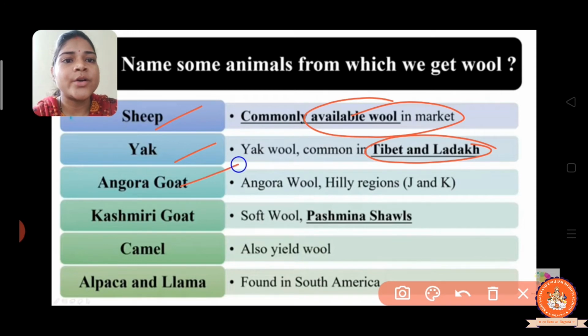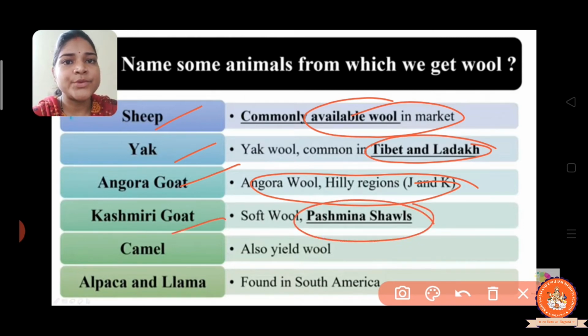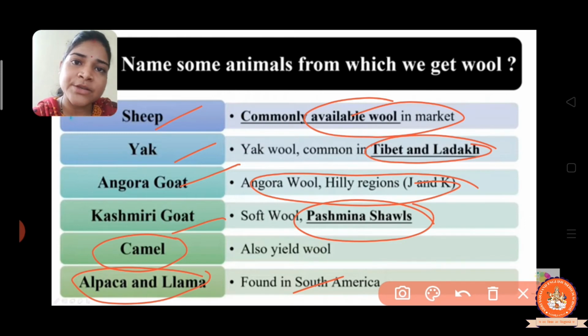Then the Angora goat is found in hilly regions, and the Kashmiri goat is used to make the Pashmina shawl. Then from the camel family we also get wool, that is alpaca and llama, found in South America. So remember this table, it is very important for you for MCQ questions or 1 mark questions, right?